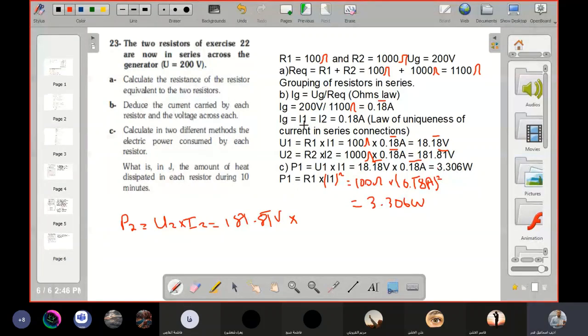I2 is 0.18 repeating amperes. The answer, give me the answer.